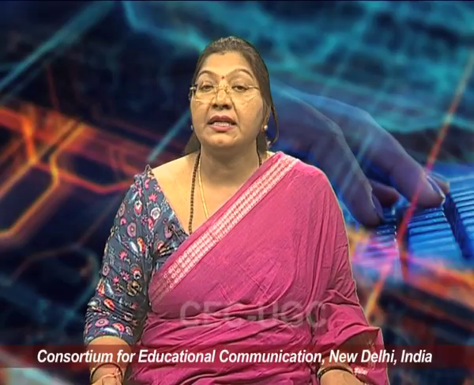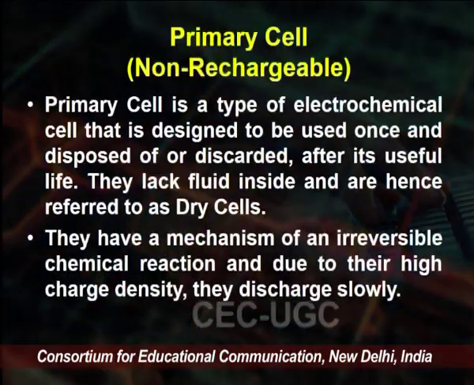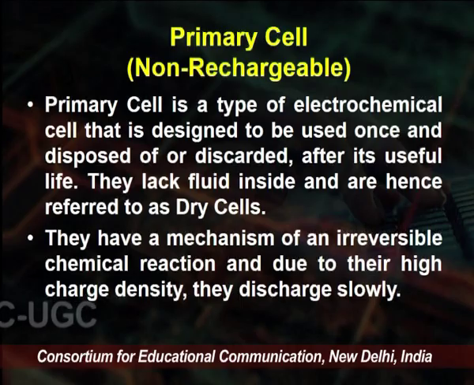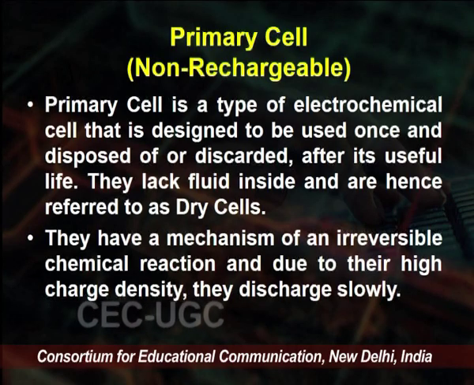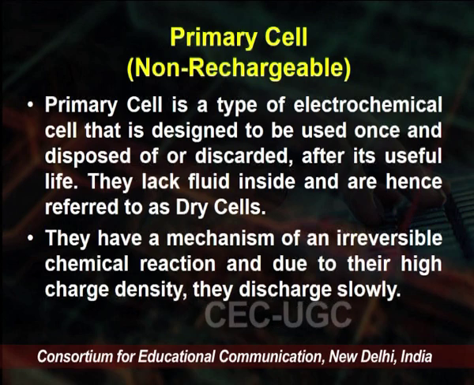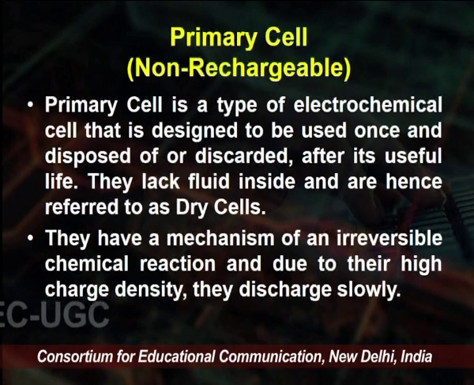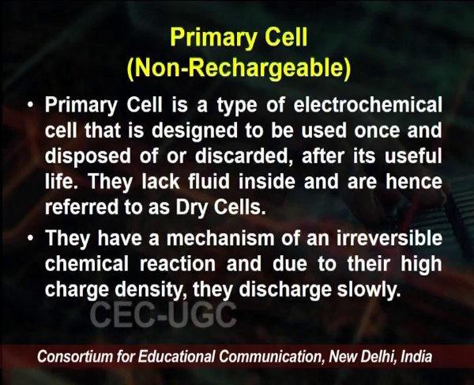The primary cell is a non-rechargeable cell. Primary cell, one-time use, then we can replace that cell. It is also referred to as the dry cell. The primary cell is a type of electrochemical cell that is designed to be used once and then discarded. They lack fluid inside, and hence are referred to as dry cells.